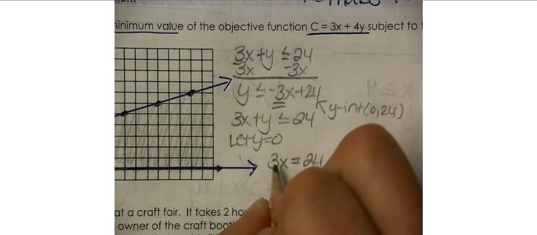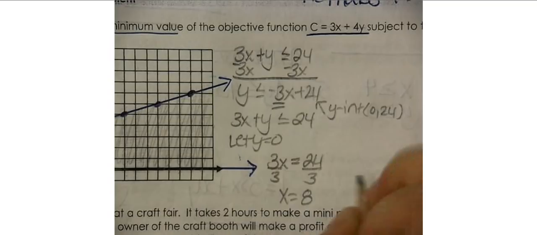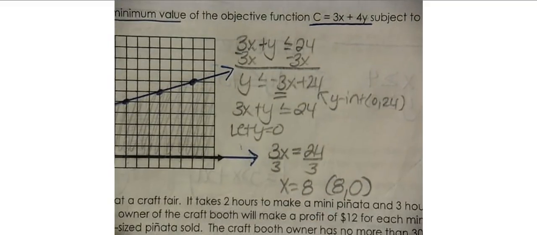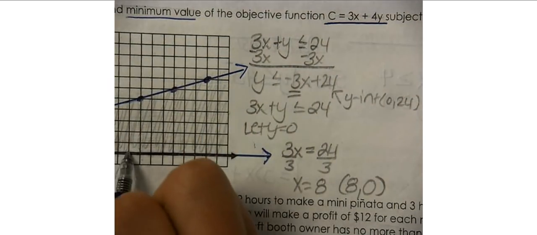So I'm going to plot the ordered pair 8, 0, because that point is actually going to be on my line. So I'm going to go to where 8, 0 is. 1, 2, 3, 4, 5, 6, 7, 8. And my slope is negative 3. So I have m is equal to negative 3.